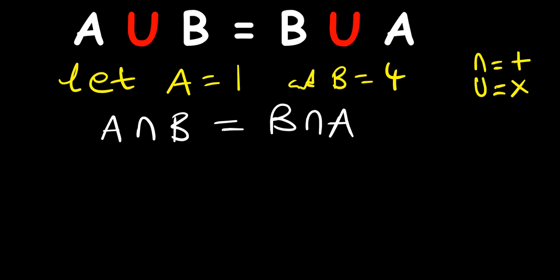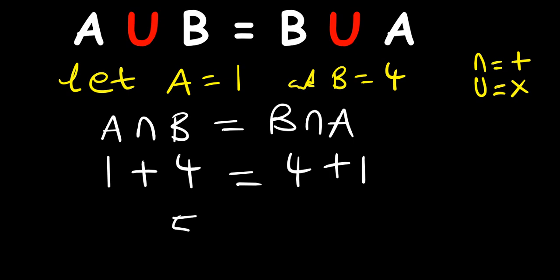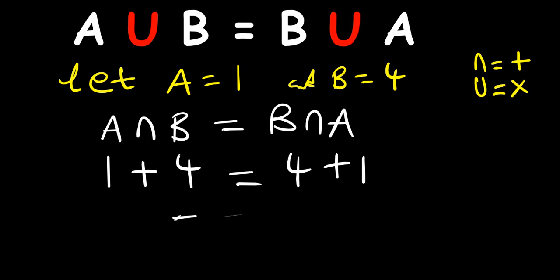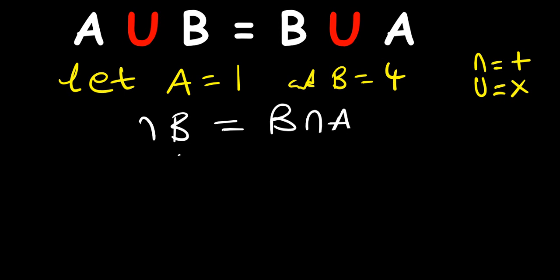Where there is A, let's put a 1, a plus, and B is 4. On the other side, B is 4 and A is 1. Now when I add on my left hand side, I'm getting a 5. On the other side, I'm also getting a 5. Now you're able to see that addition is also commutative. We've proved that.